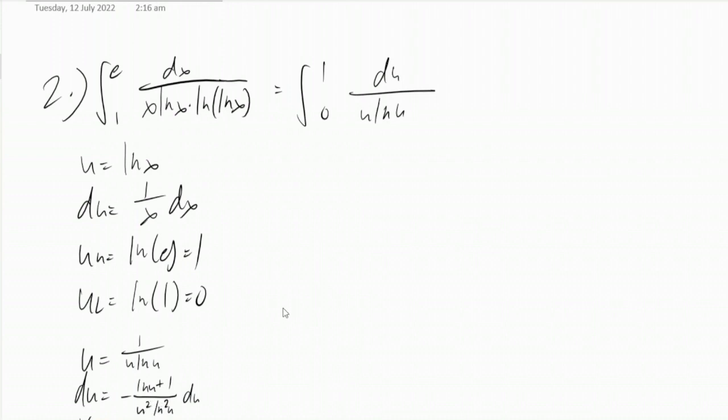There. So now we'll apply integration by parts. It's uv minus the integral of v du.